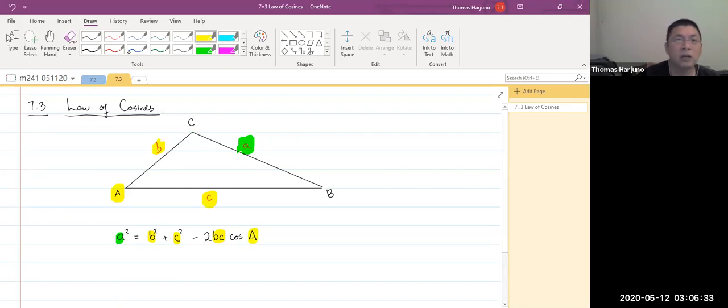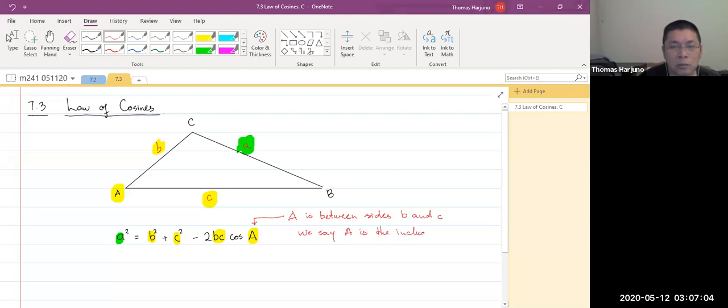Now this angle A here is also called the included angle. I think I mentioned that before. A is between sides B and C. So we say A is the included angle, as long as it is in between two sides.